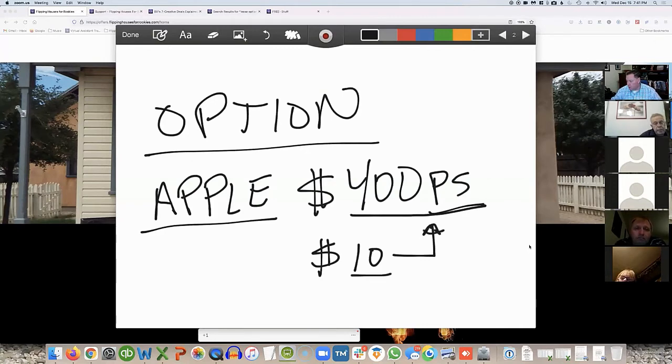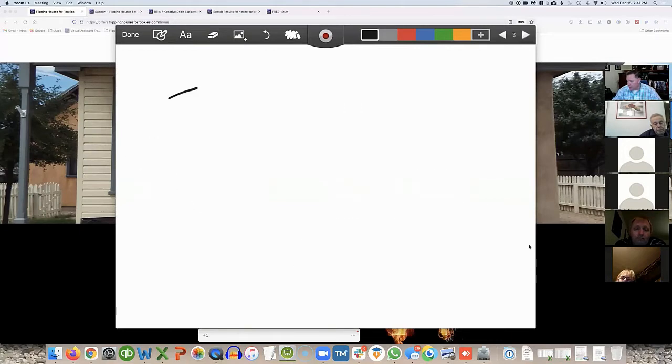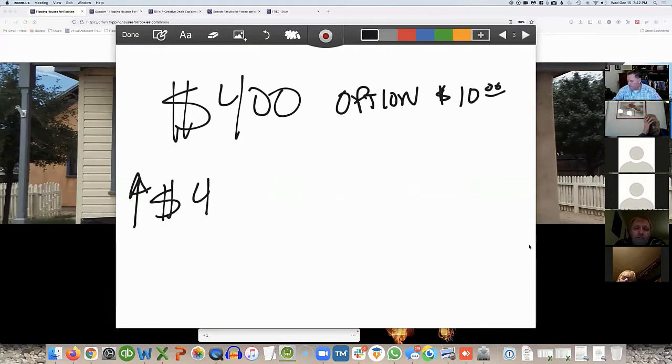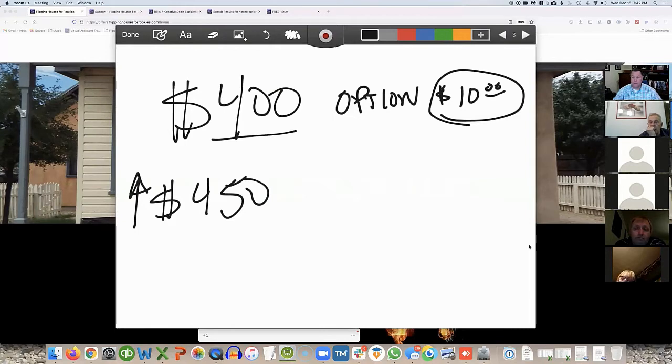Okay, so if you paid $400, right, with the option of $10, okay, and this stock goes up to say $450, you paid $10 to have the right to sell that stock at $400, but the stock went up to $450.